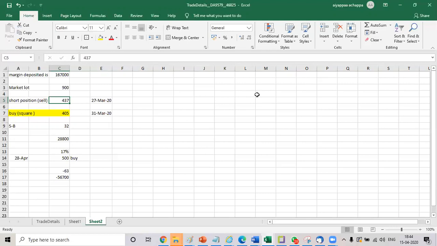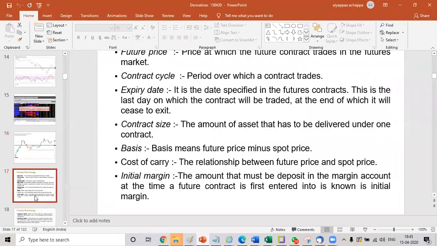As a result, you will have a 63 rupees loss, plus there would be a penalty charged by the exchange. All those losses will be recovered from the 1,67,000 you have deposited with the exchange. So this is how a futures contract gets executed in the market.